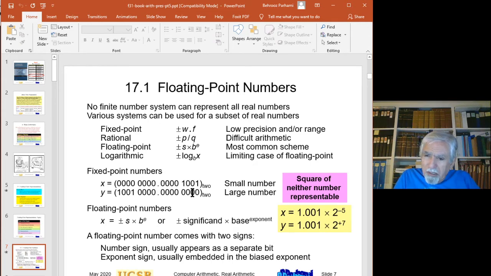This is sort of like when you deal with the state or a country budget. The numbers are huge. So often, not only we don't represent the cents in those numbers, we may not even represent a few dollars.